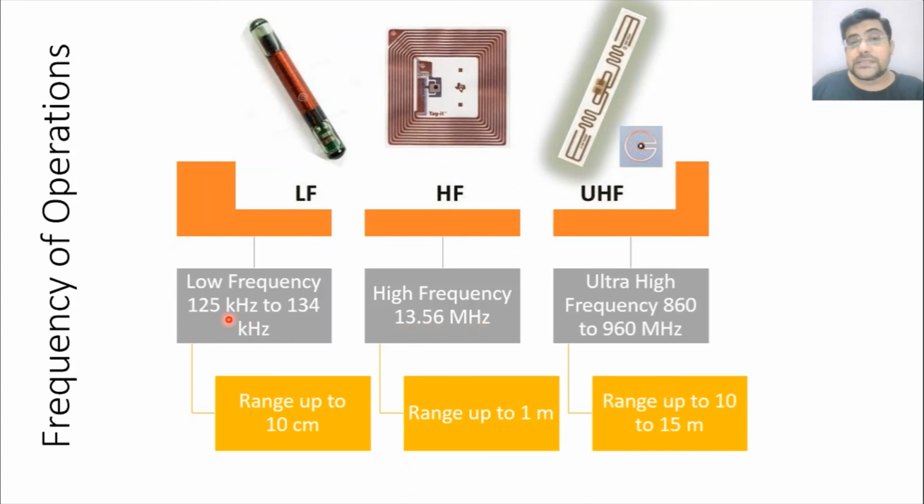We have already discussed the difference between kilohertz, megahertz, and gigahertz in the last part. The range of the high frequency tag is up to 1 meter, and the ultra high frequency tag works on 860 to 960 megahertz with a range of up to 5 to 10 meters. So this is the frequency of operation.